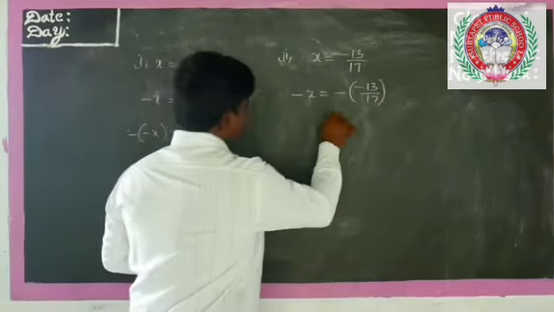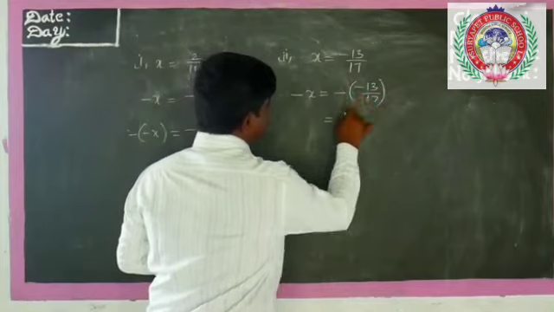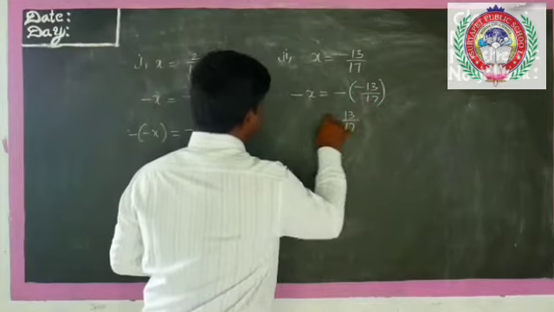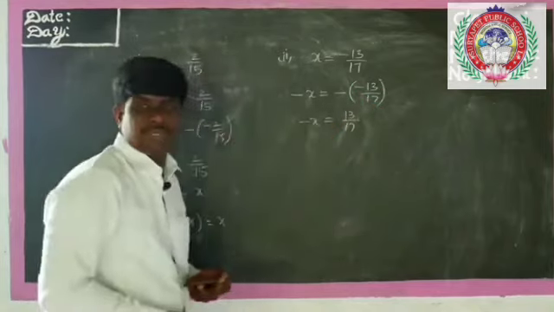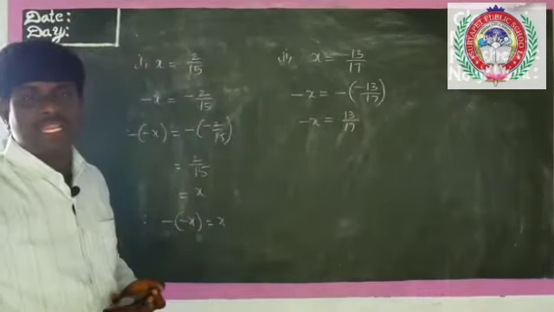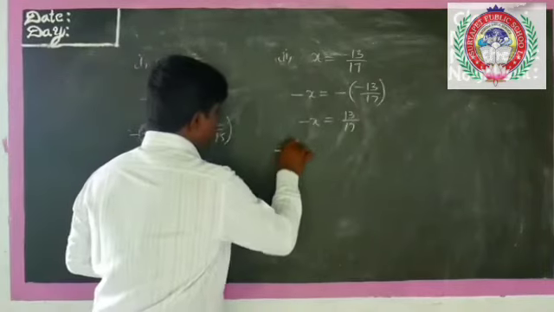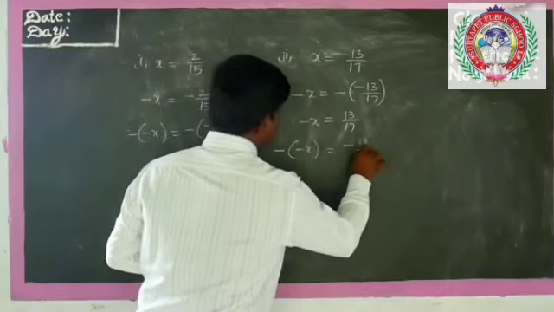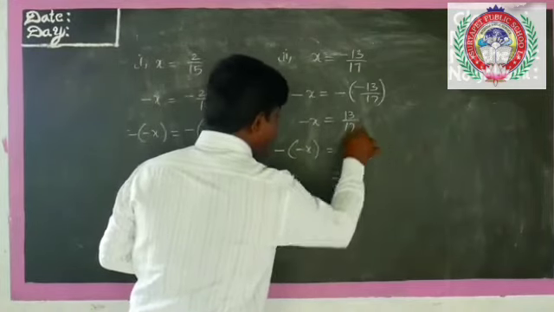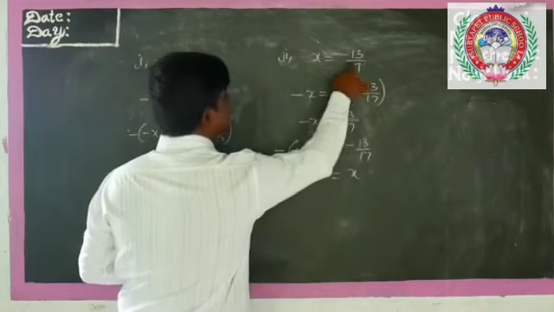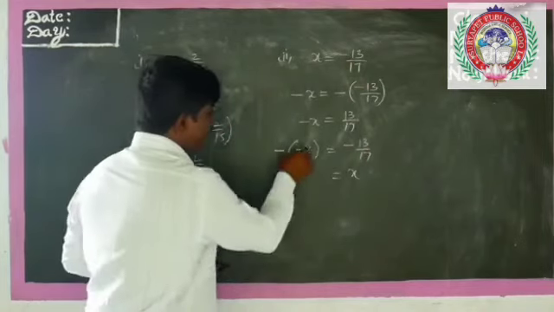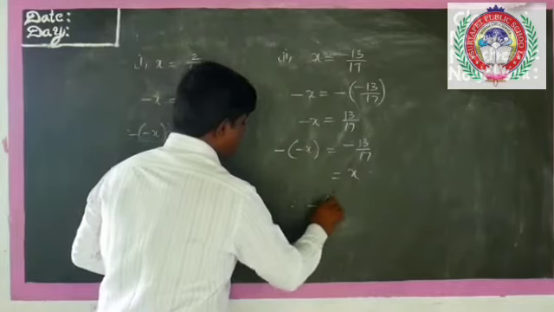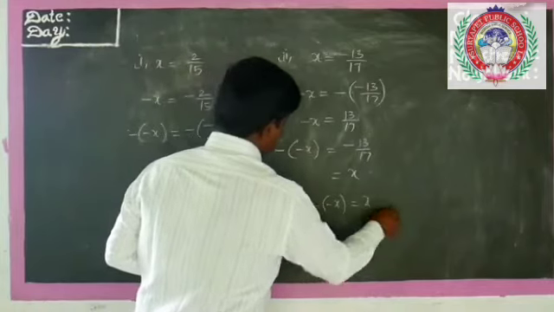Now when we simplify this part, we get minus into minus, plus 13 by 17. So minus x is 13 by 17. Again let us apply a negative sign for both parts, and minus of minus x is equal to minus 13 by 17, which is nothing but x. Therefore we can say that minus of minus x equals x.